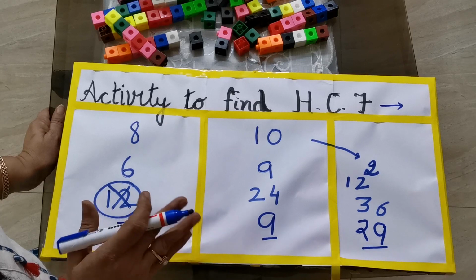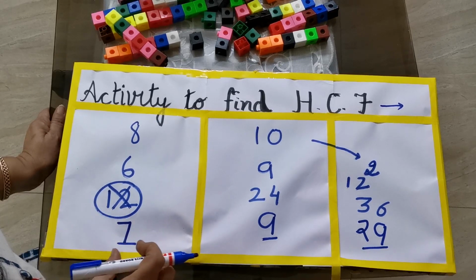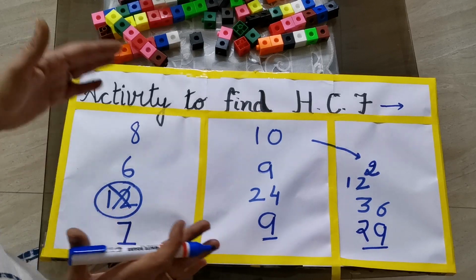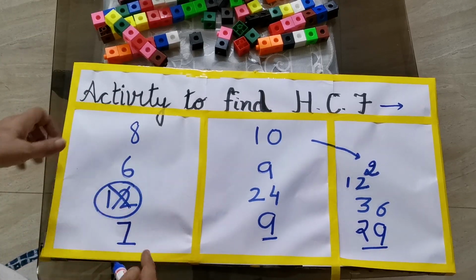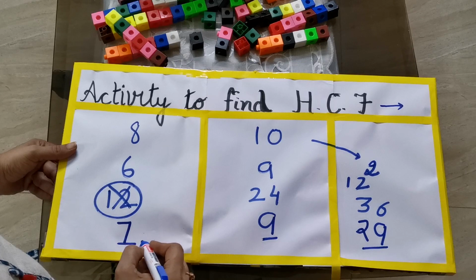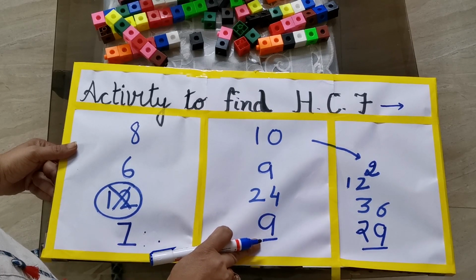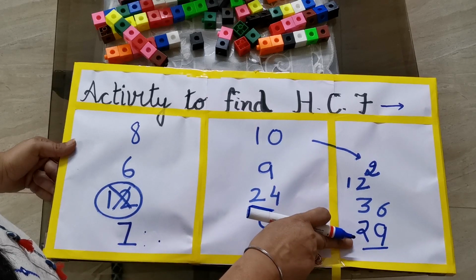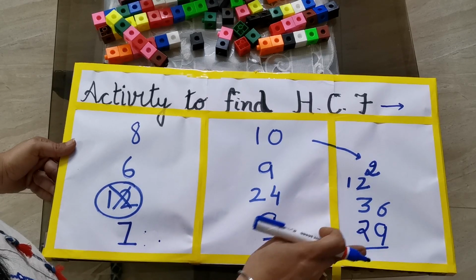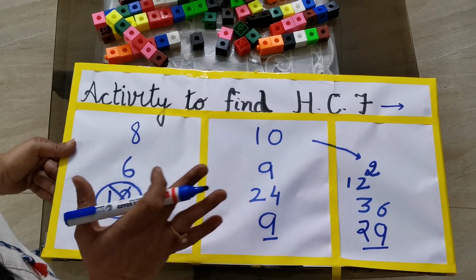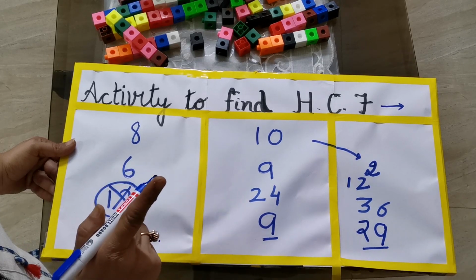Alright, when we have co-prime numbers, it means the factors are not common at all. Like the factors of 7 are 1 and 7, the factors of 9 are 3 into 3, and 29 is 29 into 1. It means 1 is common in all. So the HCF will be 1 only.